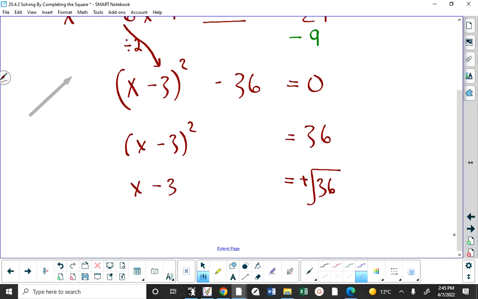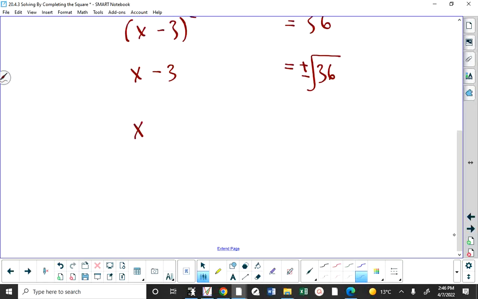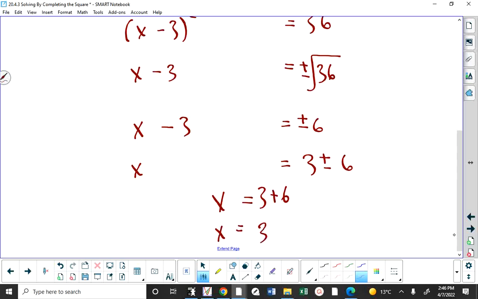This is interesting. By the way, I'm not upset when I go, oh, come on, you guys. This is interesting because root 36 is 6, right? Okay. So I get x minus 3 equals plus or minus 6, which means when we add 3 to both sides, I get 3 plus or minus 6, which means x equals 3 plus 6, and x equals 3 minus 6.